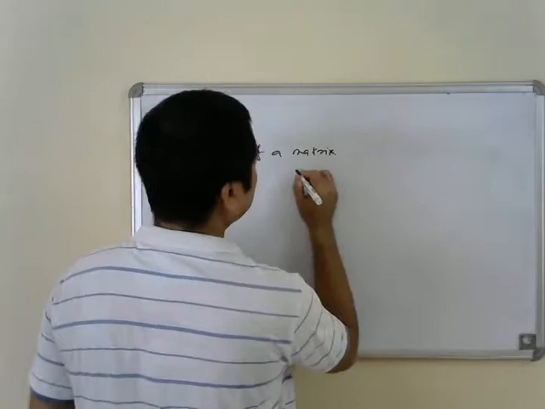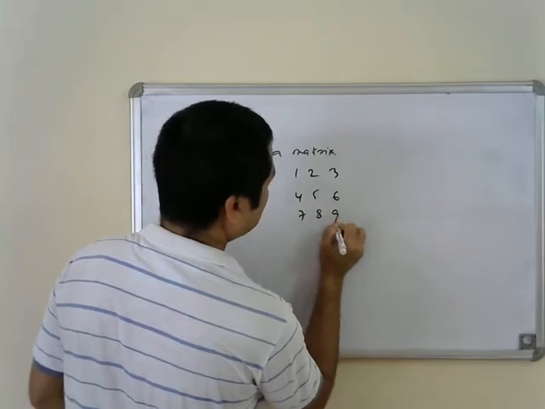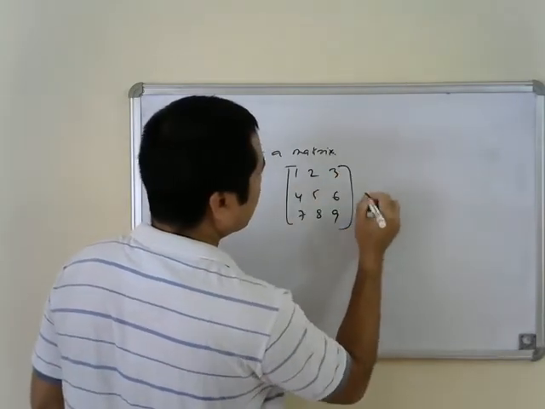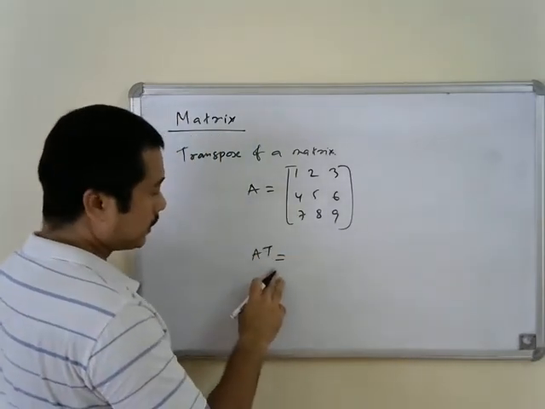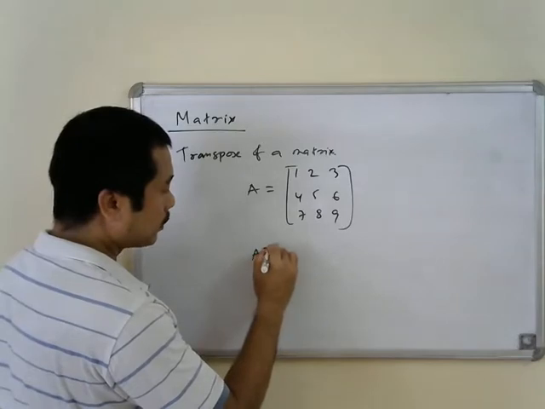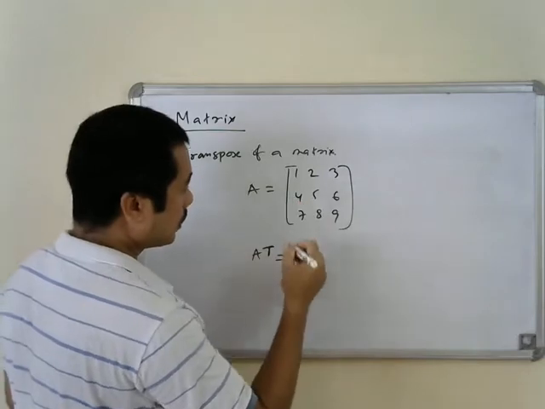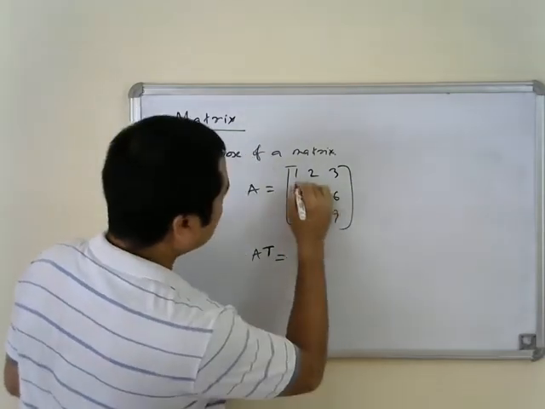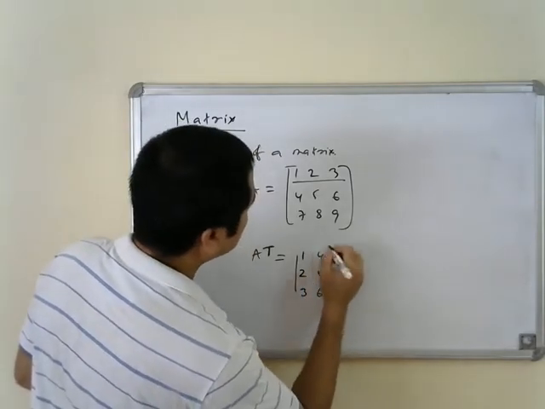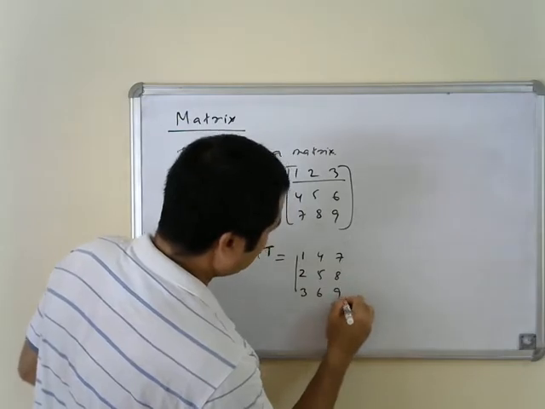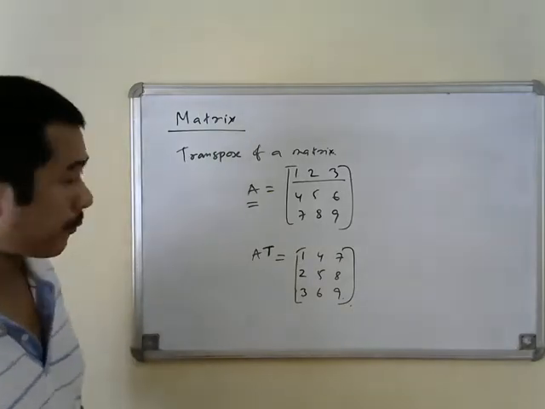So, for example, if you have a 3x3 matrix, and this is equal to A, then the transpose of this matrix is generally expressed as A with superscript capital T. So you get the transpose by converting the rows into columns. So 1, 2, 3, that is the row, you converted it into a column over here. 4, 5, 6, and 7, 8, 9. So this is the transpose of the matrix A.